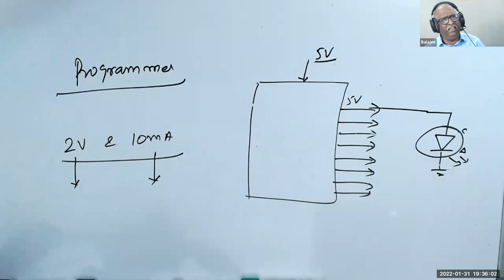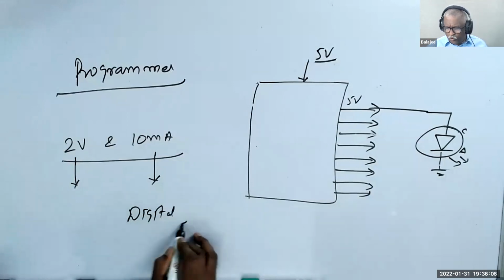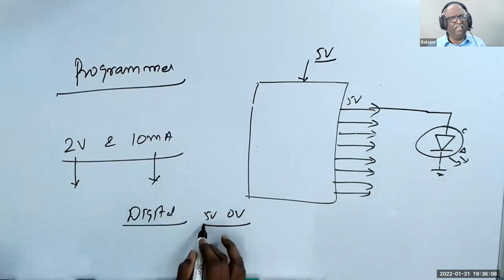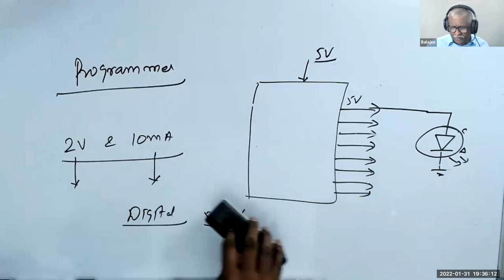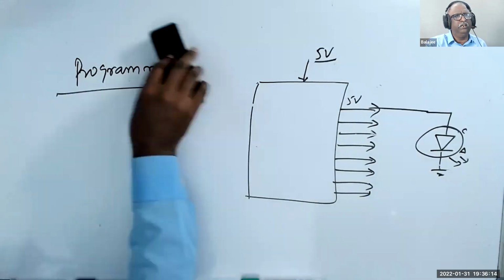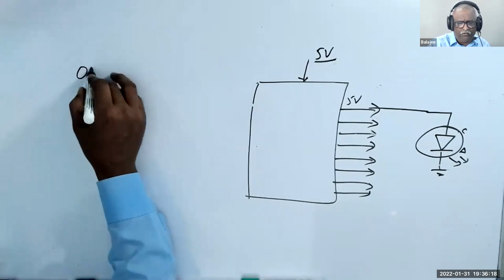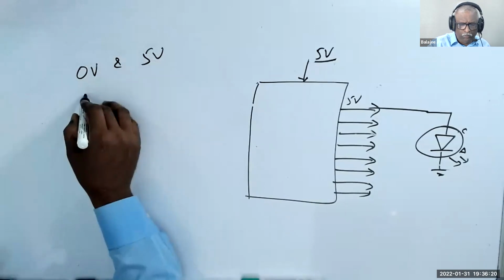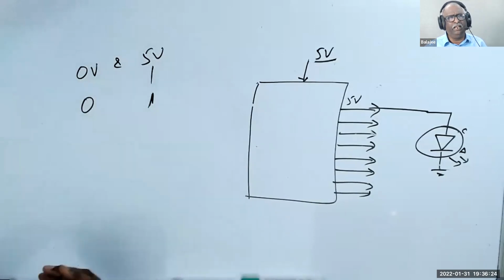Generally in digital, we use 5 volt and 0 volt. Later I'll explain why. Digital started with 0 volt and 5 volt. 0 volt means 0, 5 volt means 1. Somebody asked me why we are using only 5 volt and 0 volt.